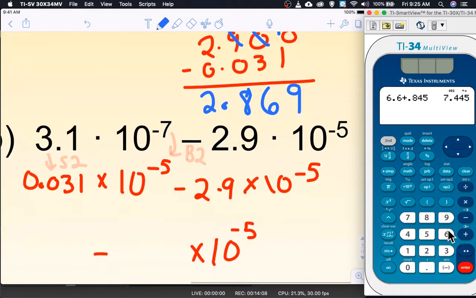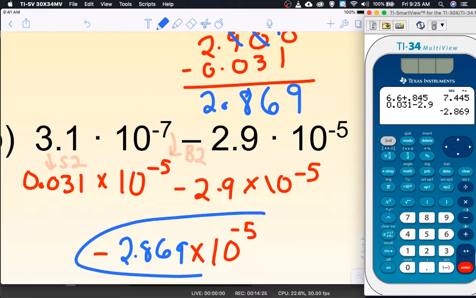So 2.869. And if we double check using the calculator, 0.031 minus 2.9, we got the same thing.